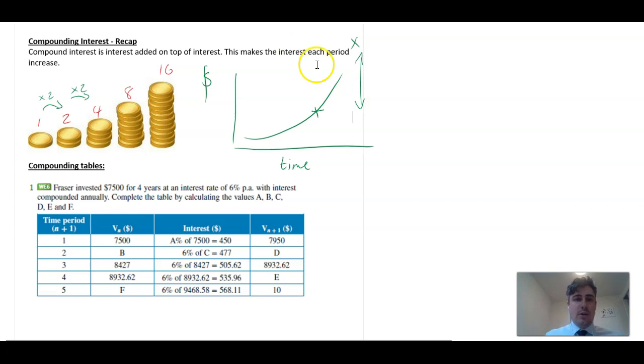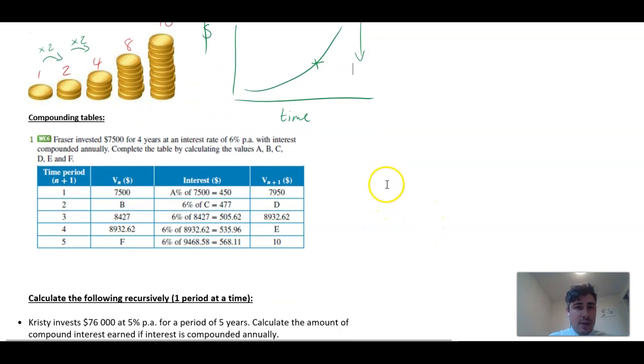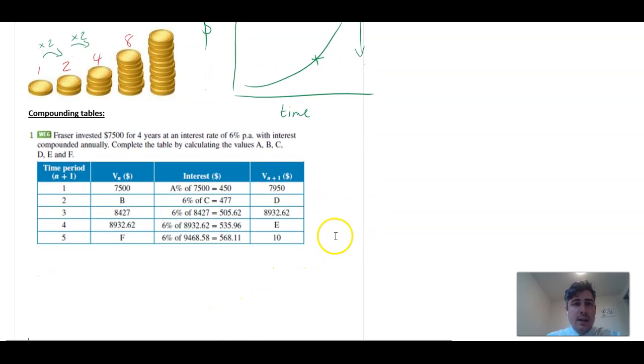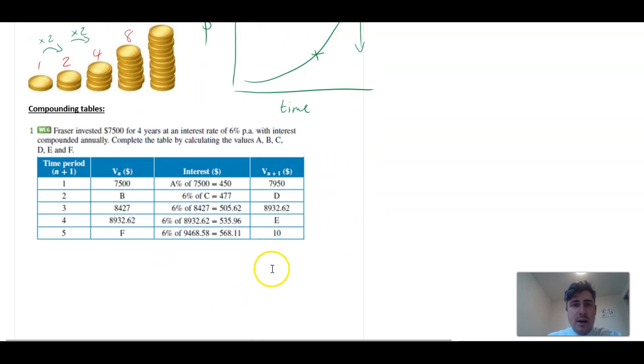So that's what we're going to look at today, and we're going to apply it using what we call a compounding table. A compounding table is what you would see like a balance sheet use. So something that explains it step by step, from somewhere like the bank would give you these things.